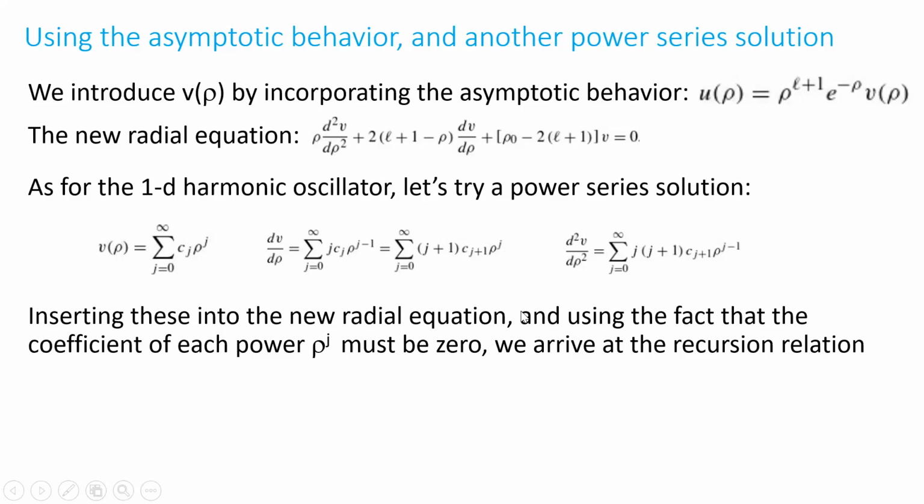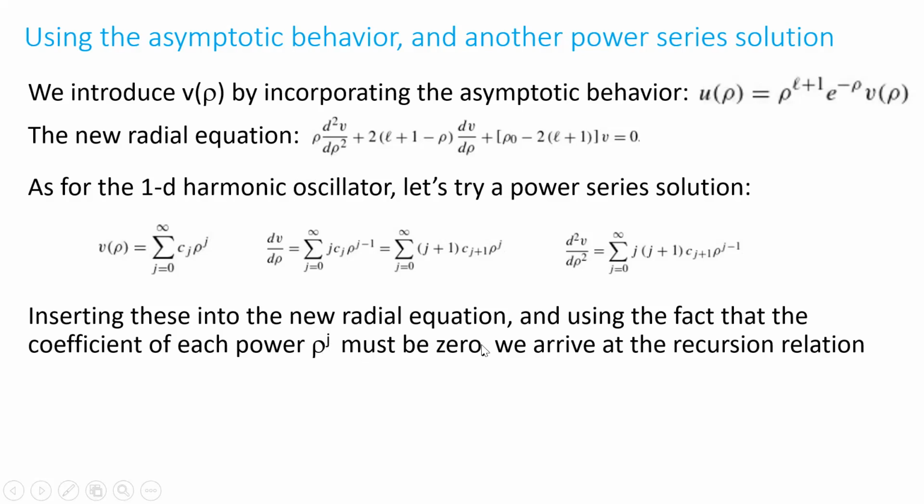And using the fact that the left side here is 0, if we express the left side as a sum over some coefficients times the powers of rho, that sum can only be 0 if the coefficient of each power of rho, so the coefficient of each rho to the j, must be 0.